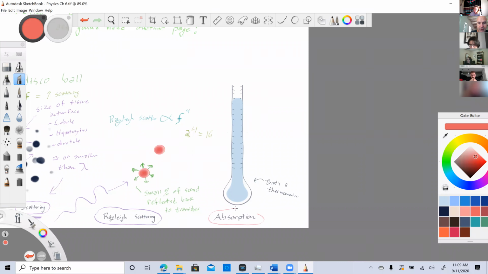Absorption then is the number 3, but it is the number 1 cause of attenuation. Number 1 cause of attenuation is simply losing energy to heat. Remember, energy is neither created nor destroyed, but it is misplaced. In this case, we're just misplacing it as heat.